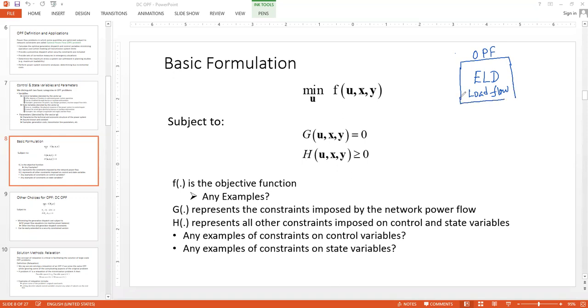ELD will help us to optimize a certain objective. Load flow will allow us to take into consideration the equality constraints as well as the inequality constraints associated with the network.